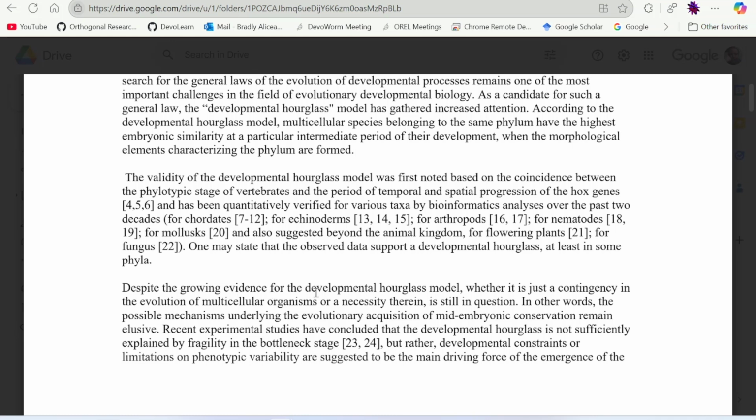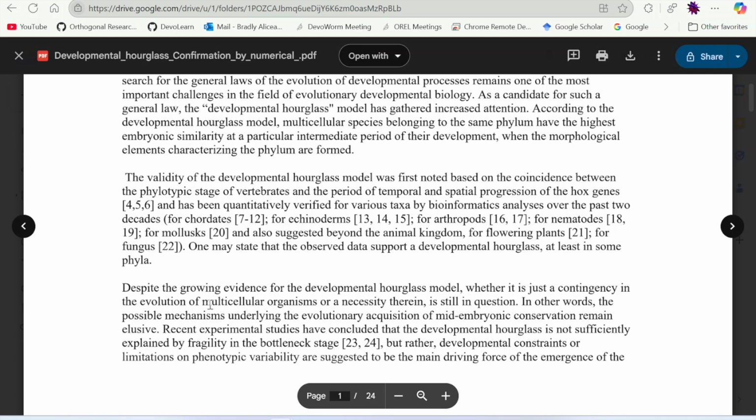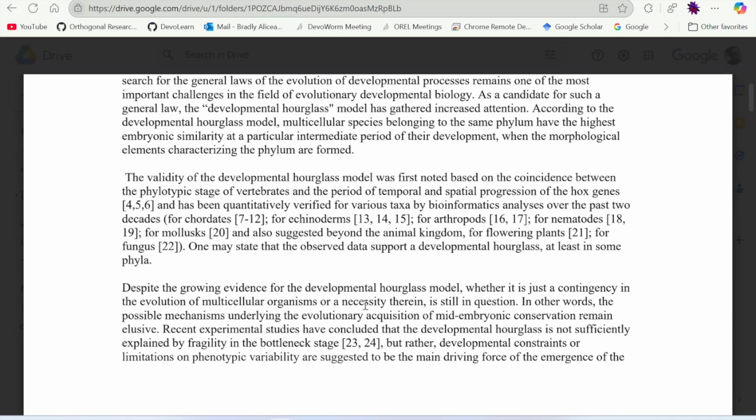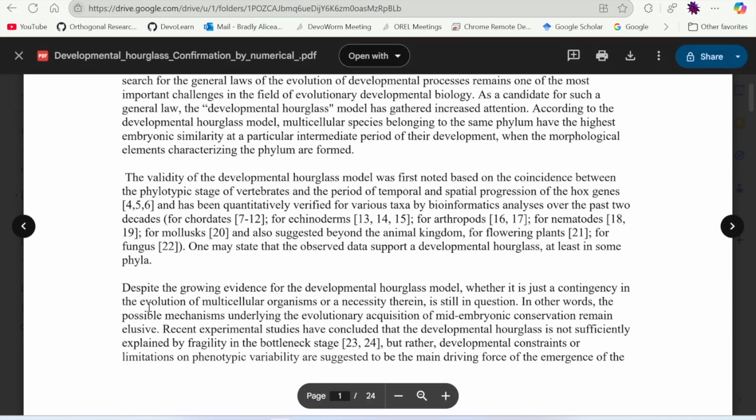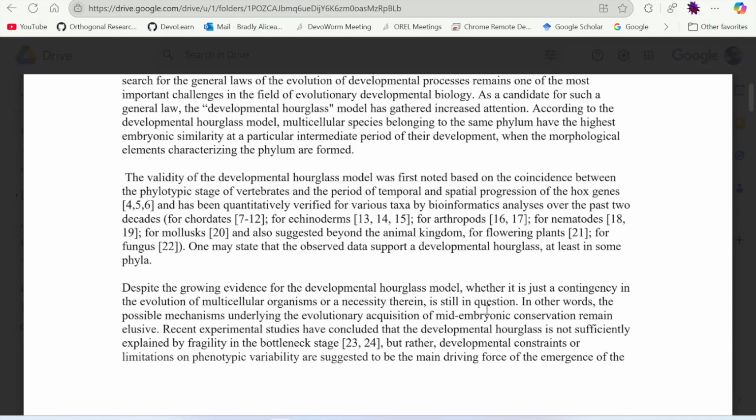Despite the growing evidence for the developmental hourglass model, whether it's just a contingency in the evolution of multicellular organisms or a necessity therein is still in question. In other words, the possible mechanisms underlying the evolutionary acquisition of mid-embryonic conservation remain elusive.